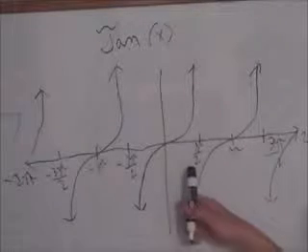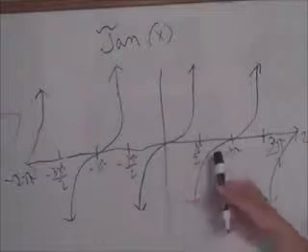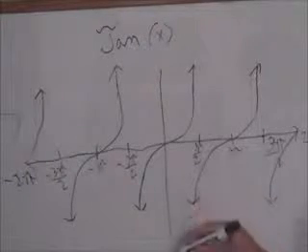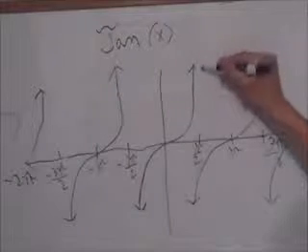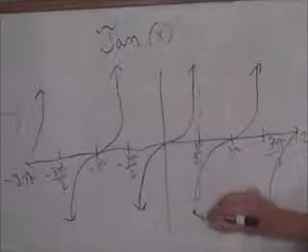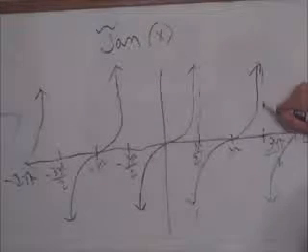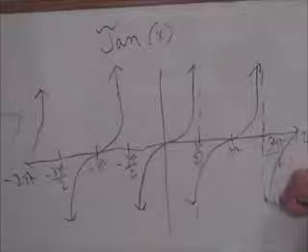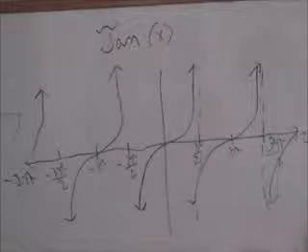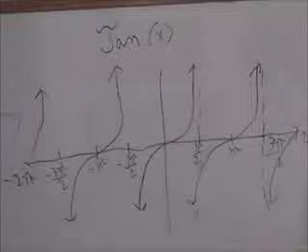Its zeros are at every integer multiple of pi, and its asymptotes, such as right here and right here, for example, are at odd integer multiples of pi over 2.